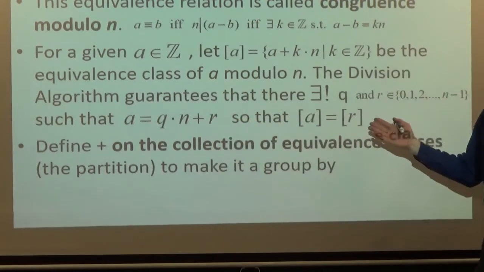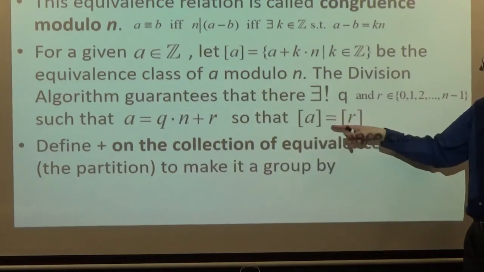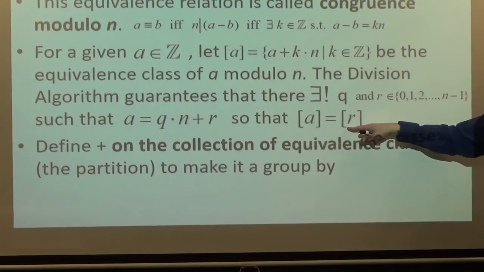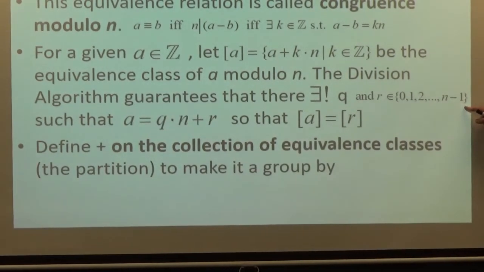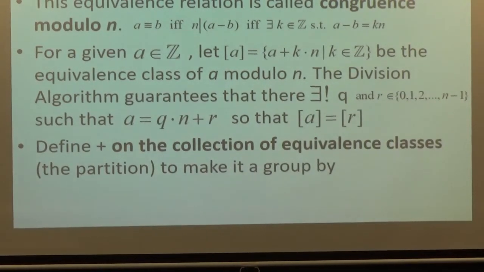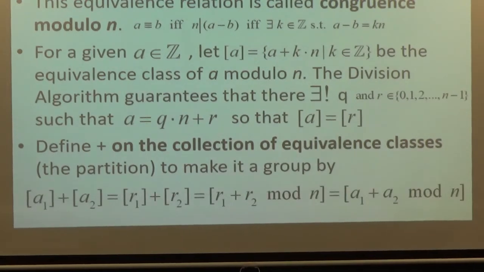And so what I'm trying to say here is A could be an arbitrary integer, but typically we represent the equivalence class containing A by the thing that it's equivalent to in this set. Use this number as sort of the best representative. And you can define addition on the collection of equivalence classes to make this a group by this formula here.